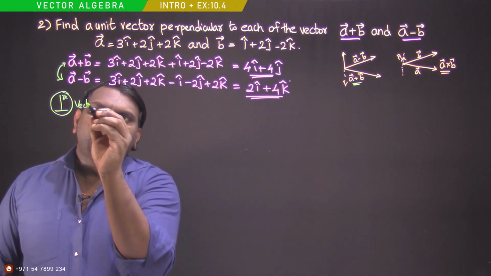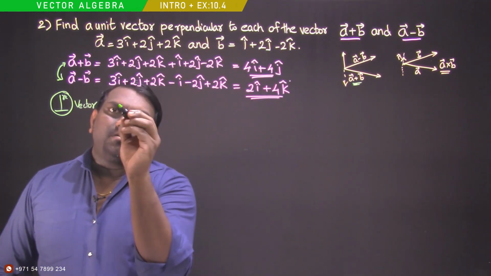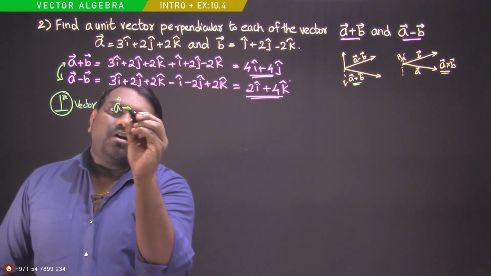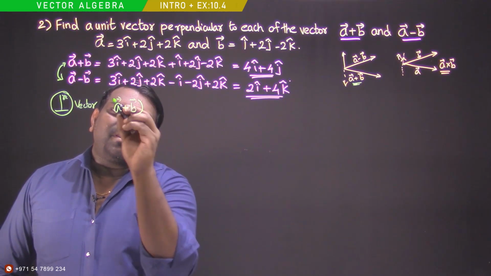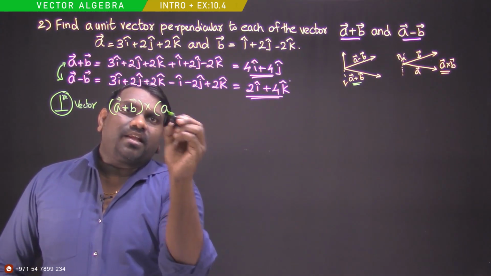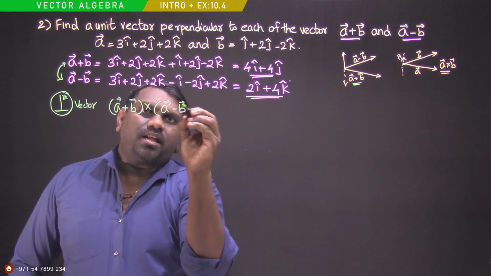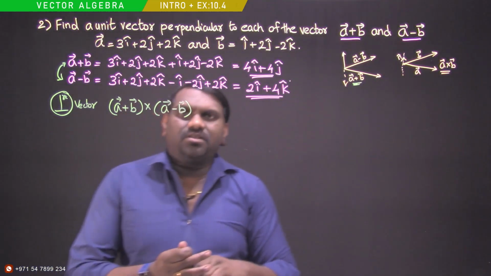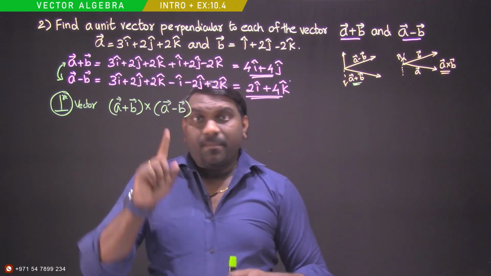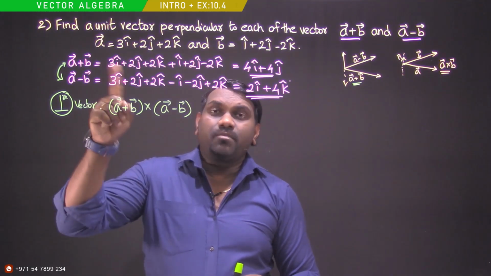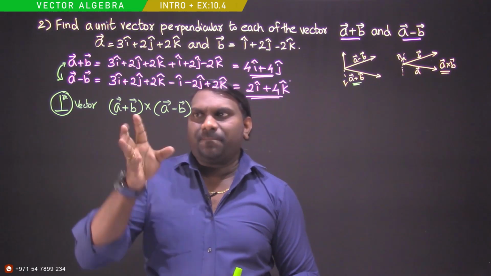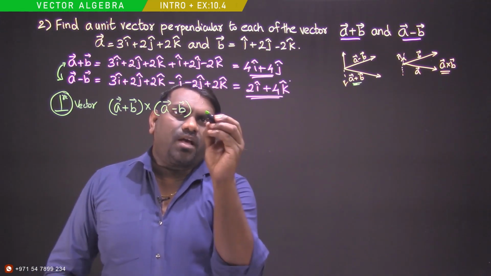I need to take the cross product of these two. We studied this earlier, and I said it here as well. When we take the cross product of the two, I will get that perpendicular vector. But in this question it asks about a unit vector; we will find that afterwards. This is just a perpendicular vector that I'm finding here.